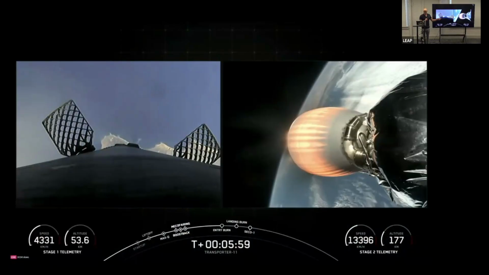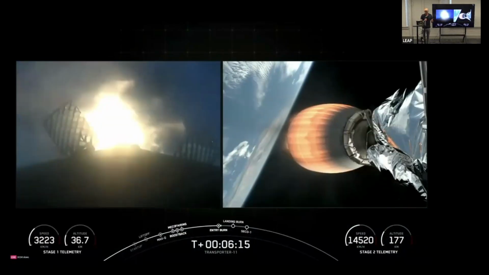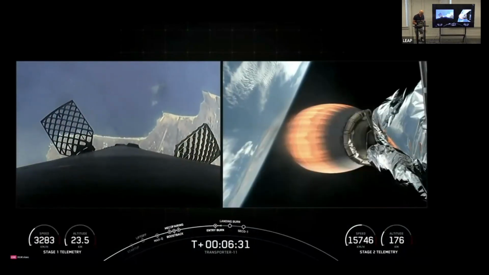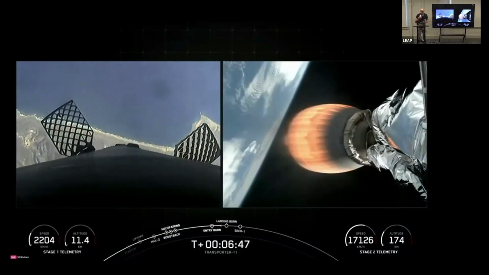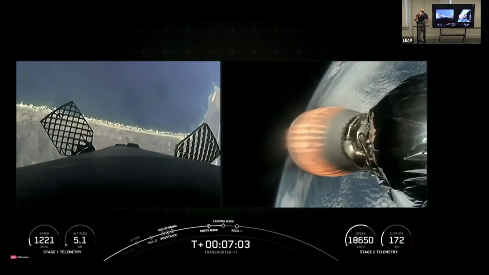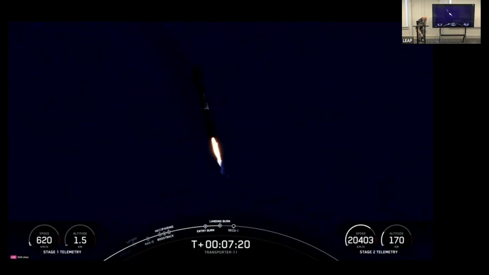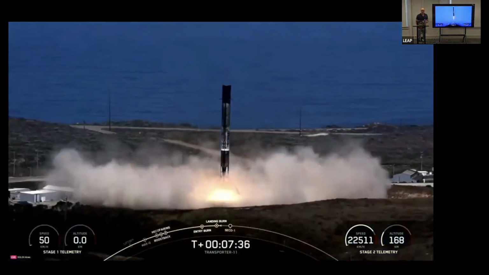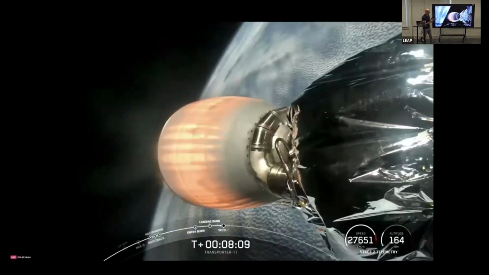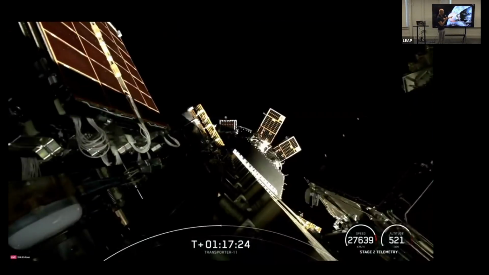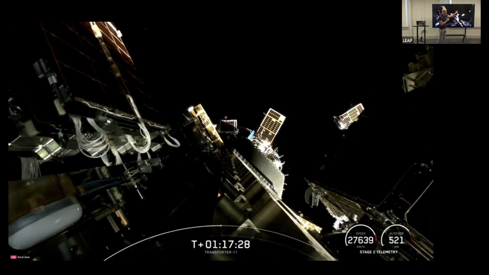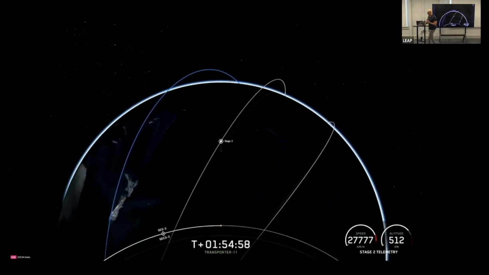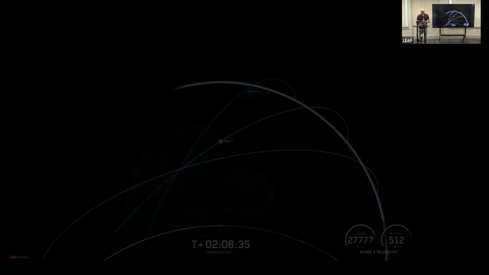It's almost like watching someone hit rewind, but it's real. Weird, right? All right, so now this one's going to start to shoot out the CubeSats. We're the next one after that, in different orbits.